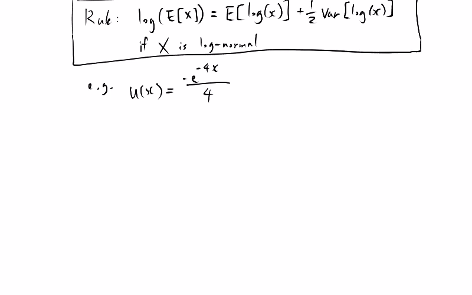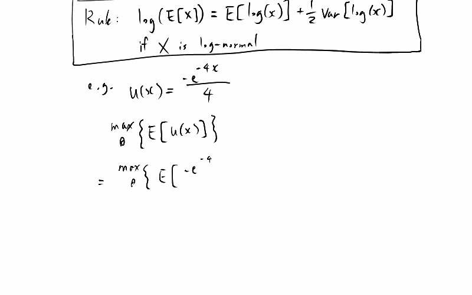So what you want is to maximize with respect to theta the expected utility, which is maximizing the expectation of this negative e to the negative 4.